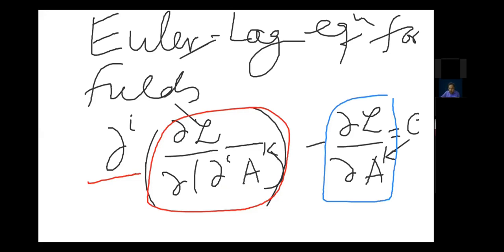The first part of the Lagrangian depends on this, but not on this. The second part of the Lagrangian, which I wrote just before, depends only on the coordinates, right? But not on the generalized velocities.